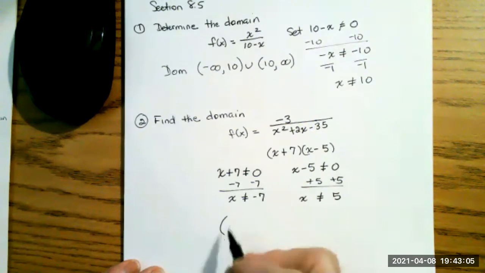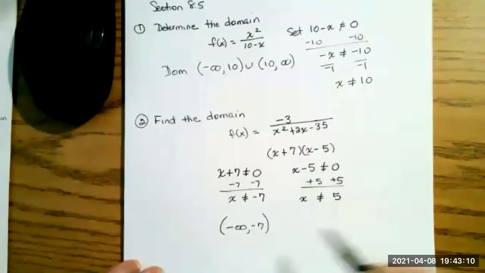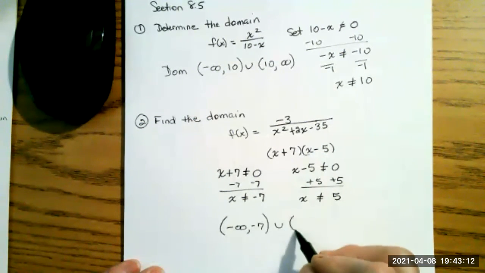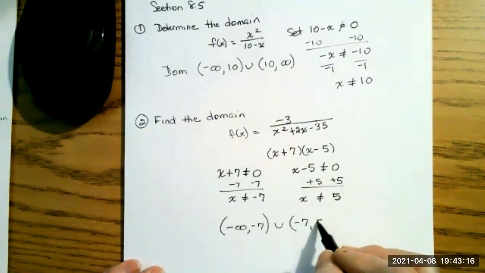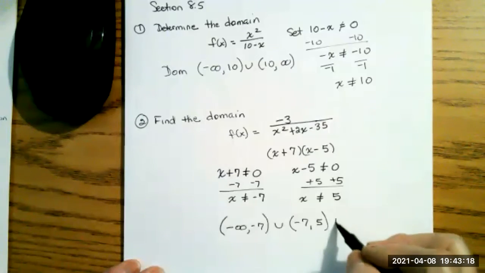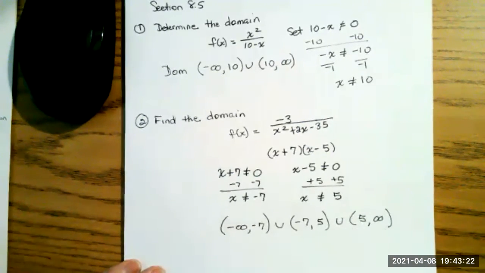Be negative infinity to -7. Good. The union. And then it'll be -7 to +5. Good. The union, and then it'll be +5 to +infinity. Good job. Very good.